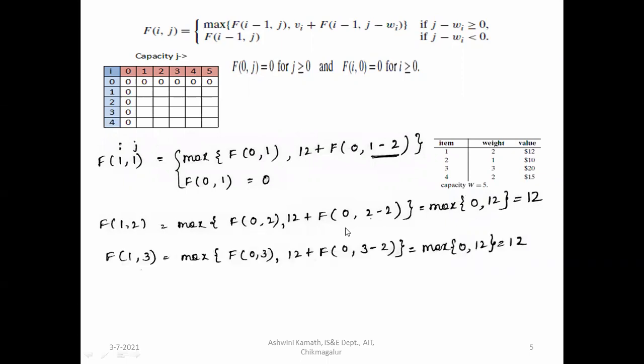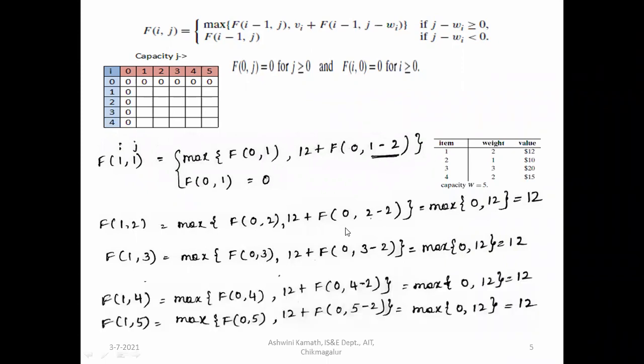Okay, then f of 1 comma 3. For f of 1 comma 3, maximum of f of 0 comma 3 comma first item value 12. 12 plus f of 0 comma 3 minus 2. 3 minus 2 is 1. f of 0 1. 0 1 is 0. So maximum of 0 comma 12, which is equal to 12. Similarly for f of 1 comma 4, maximum of f of 0 comma 4 comma 12 plus f of 0 comma 4 minus 2.